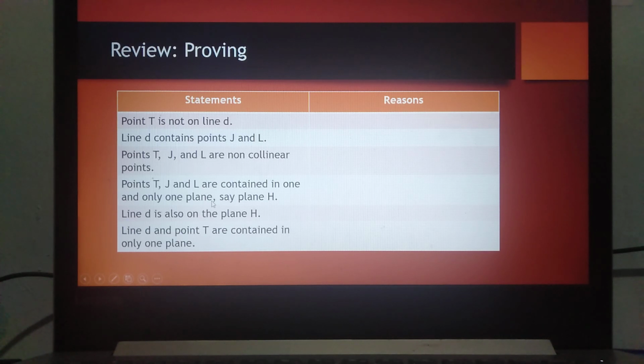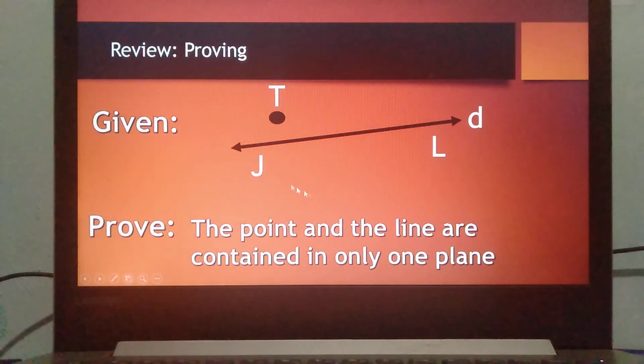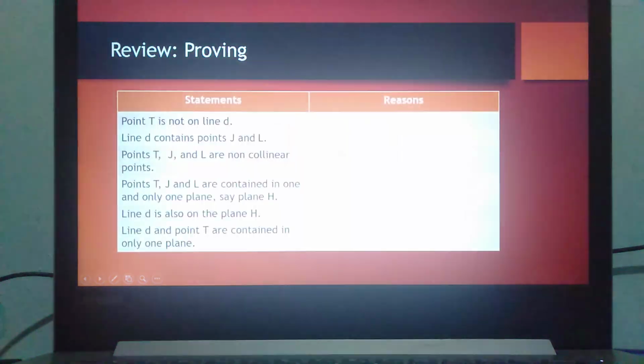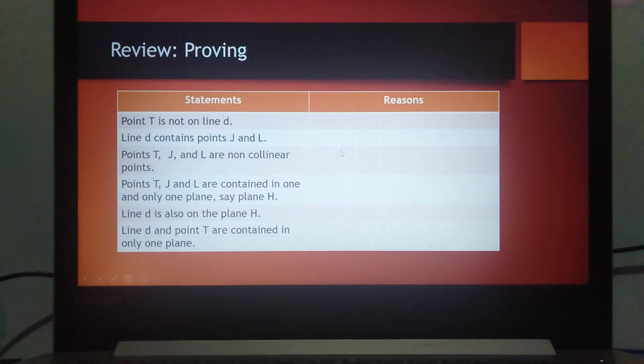So si T, si J, and si L nasa isang plane lang daw. Paano? Yeah. So in a plane, T, J, and L. If we read the definition for planes, a plane must consist of at least 3 points.